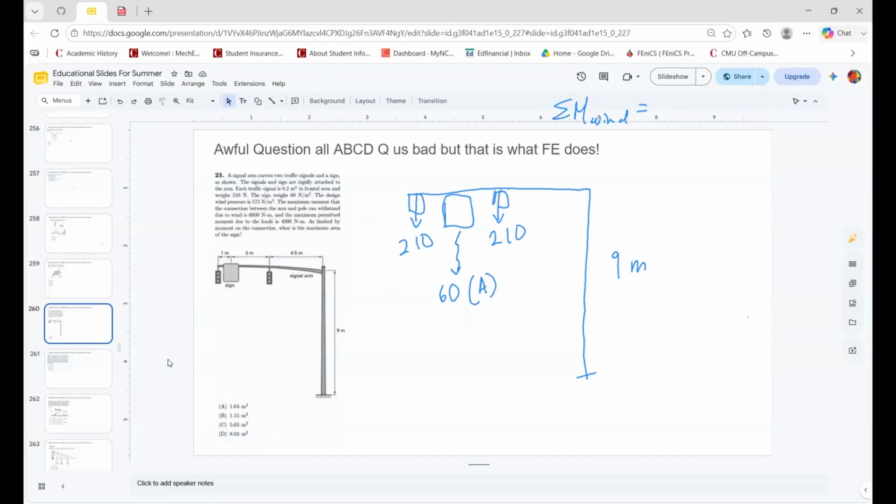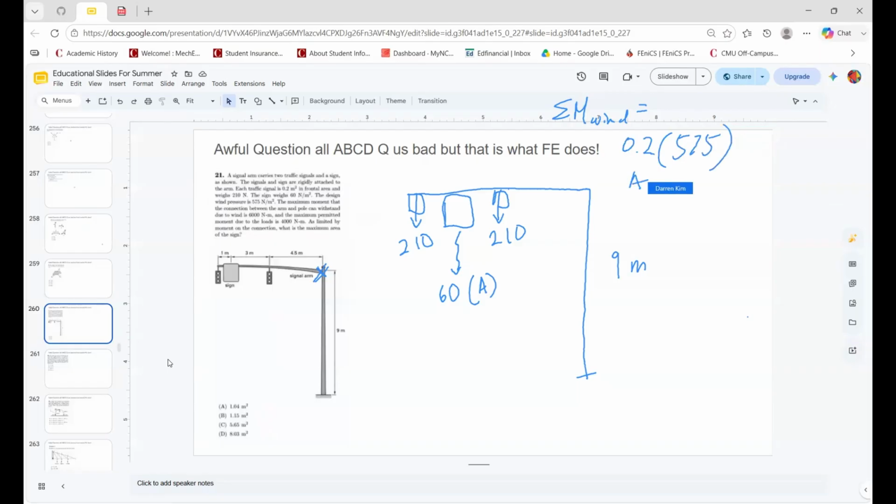I don't know where you would even start the moment. Technically speaking, the only unknown is the sign, so we can choose the moment to be over here if we want. So the wind moment is area: 0.2 by 575.